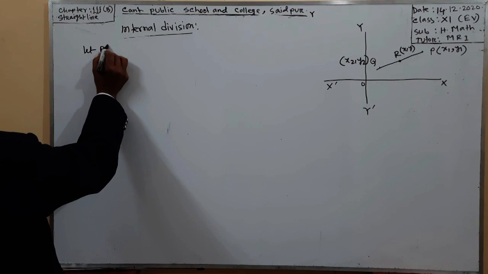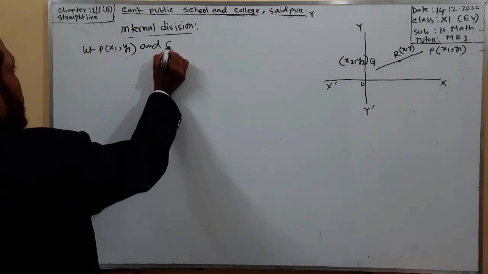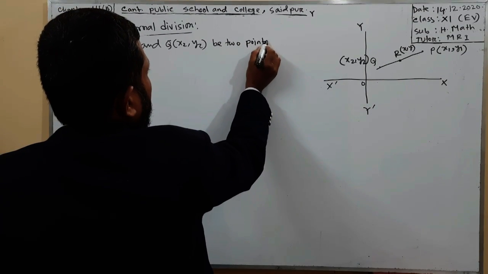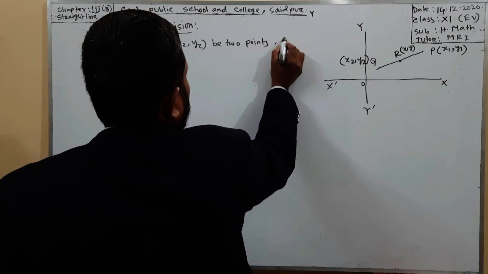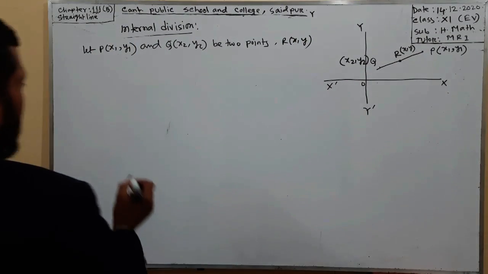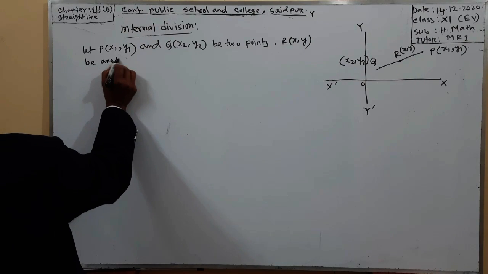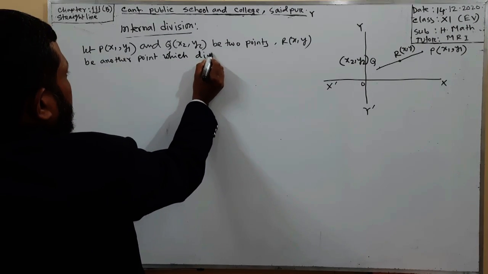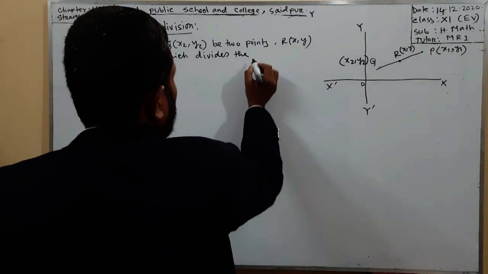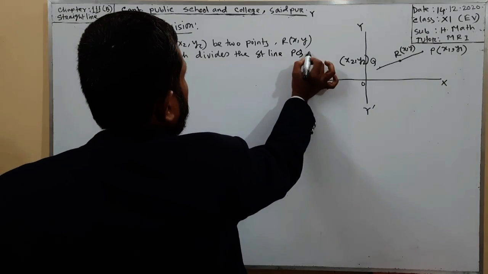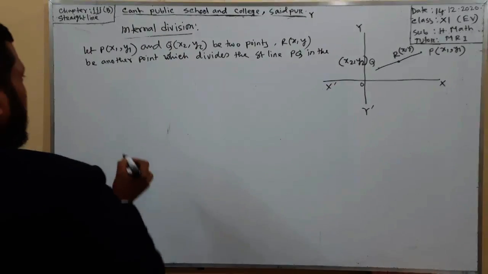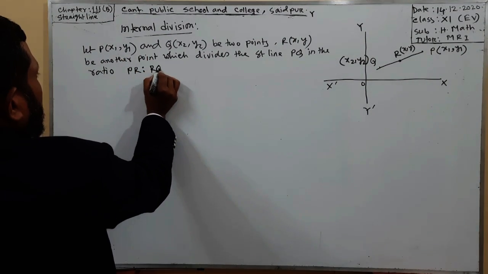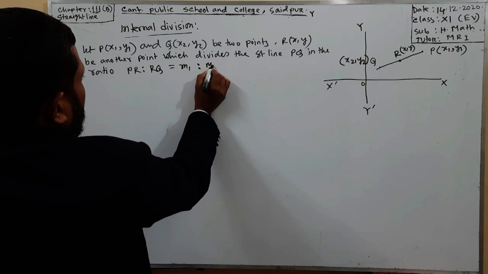Let P and Q be 2 points. R (x, y) is another point which divides the straight line PQ in the ratio PR to RQ, M1 to M2, say.